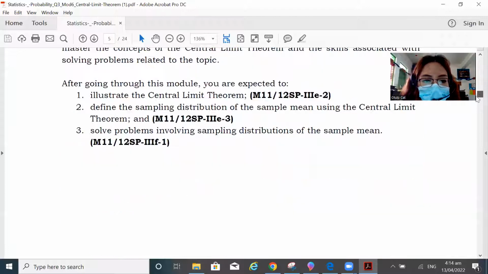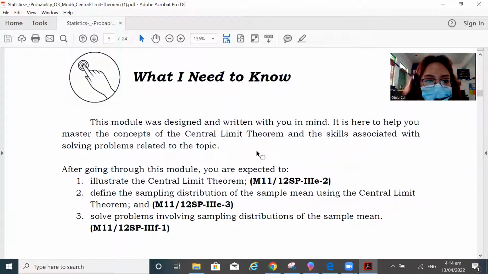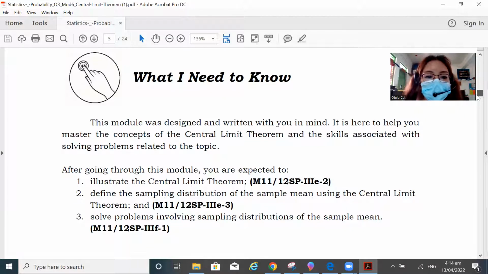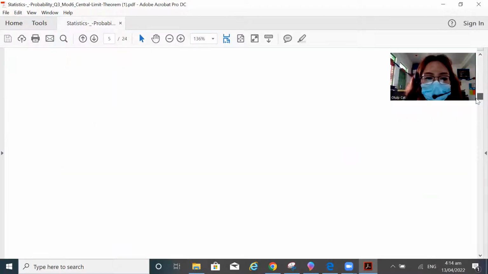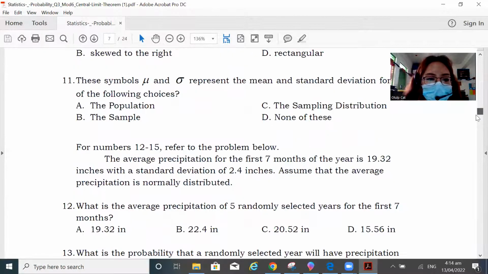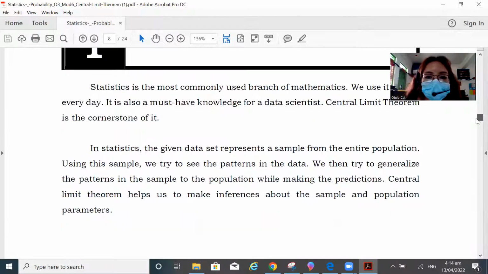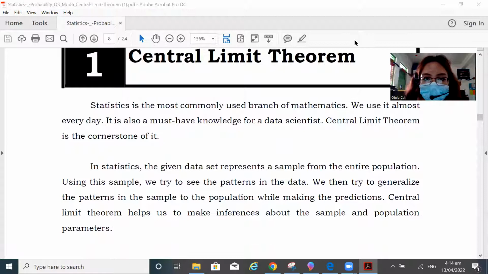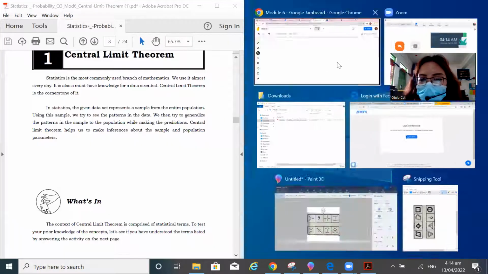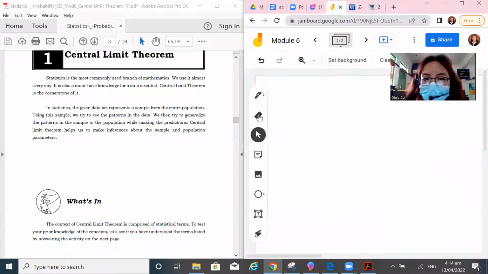First, we will illustrate the central limit theorem and define the sampling distribution of the sample mean. We're going to use Google Jamboard as a way to express some ideas.